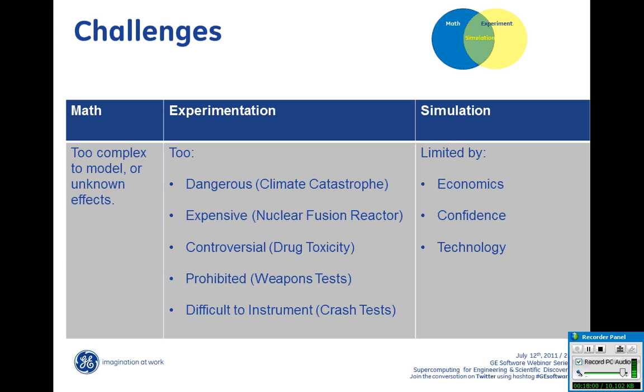Simulation, too, is limited by economics, confidence, and technology. So from an economic standpoint, you need access to computing hardware and software that can adequately run your problem. Confidence: you need to trust the computer model, or at least know the limits of its wrongness.